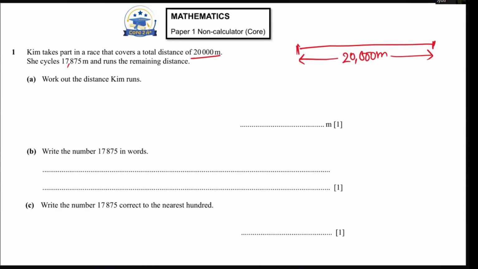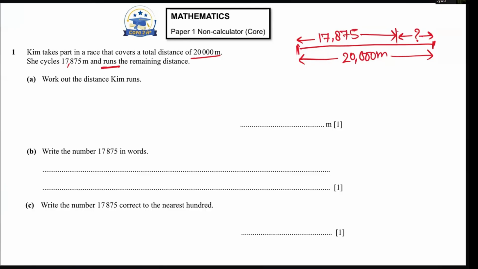Kim covers 17,875 by bicycle. So we have to find the leftover distance she has to cover by running.